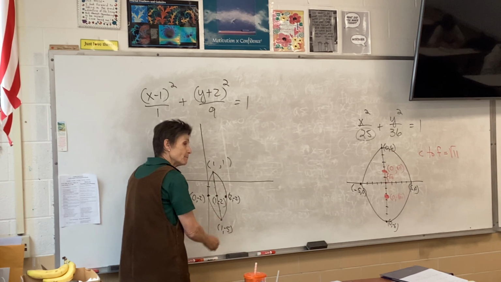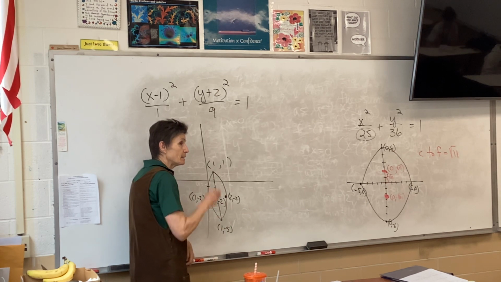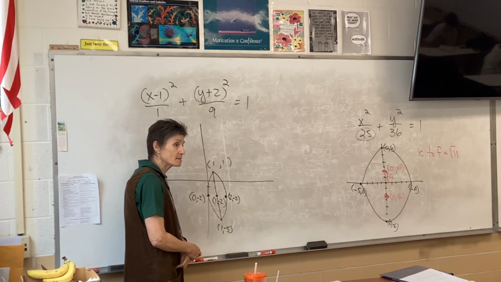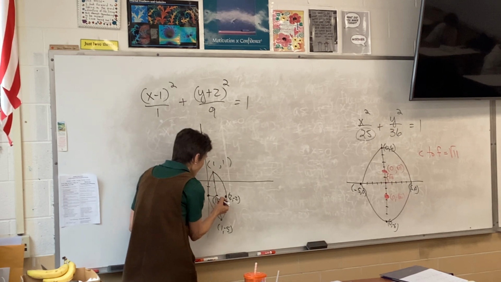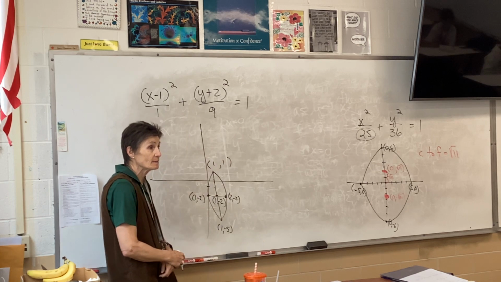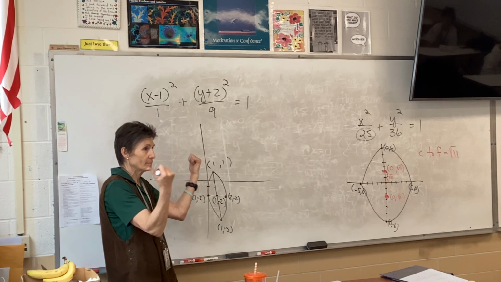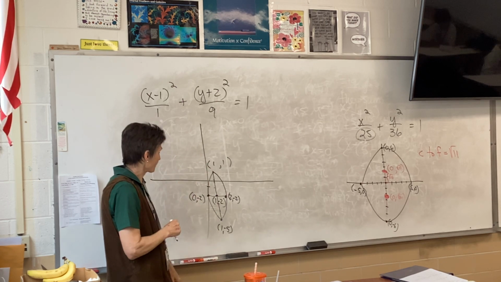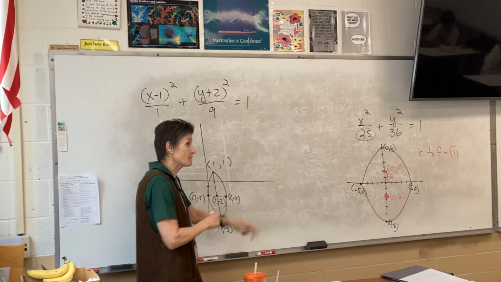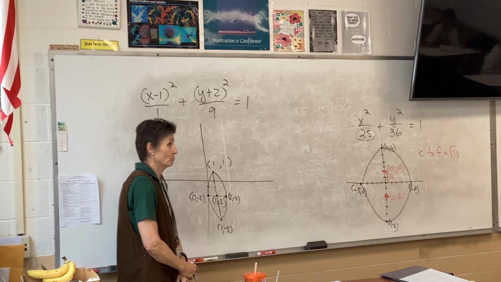How long is it? 6. Then you go up 3 and down 3, so it's 6. This is my minor axis, and it is, whoa, what? 2. Didn't we go this way 1? So your major is 6, your minor is 2.